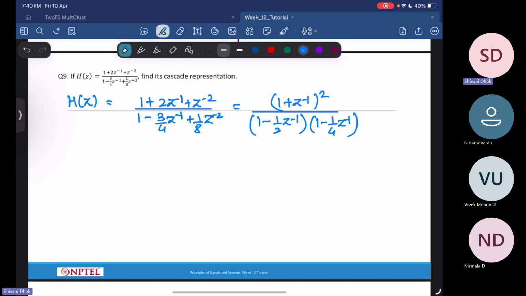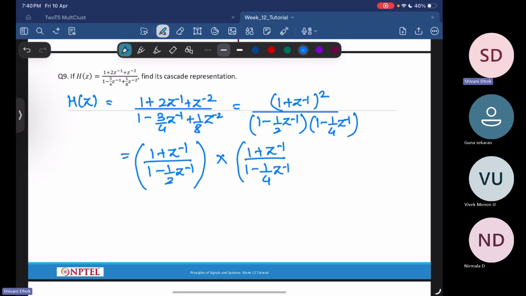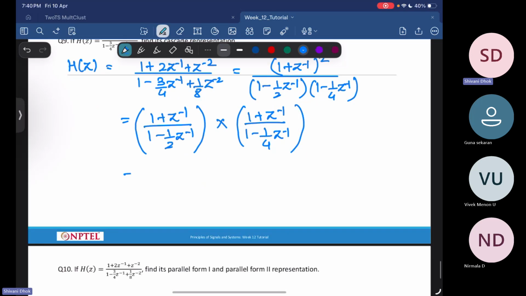Okay, so now we can write this as (1 plus z inverse) upon (1 minus 1 by 2 z inverse) multiplied by (1 plus z inverse) upon (1 minus 1 by 4 z inverse). So this is basically equal to H1 of z into H2 of z.